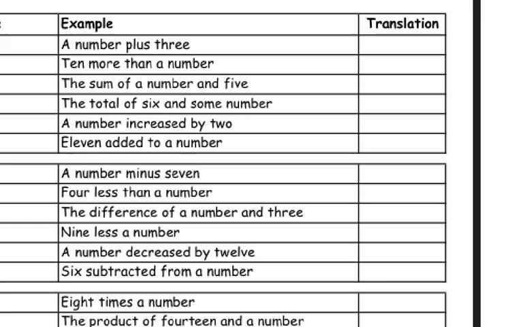So a number plus 3. So we could say x plus 3. We could also say 3 plus x. Both of those are fine. You can put either way. The second one says 10 more than a number. So we could say x plus 10 or 10 plus x.